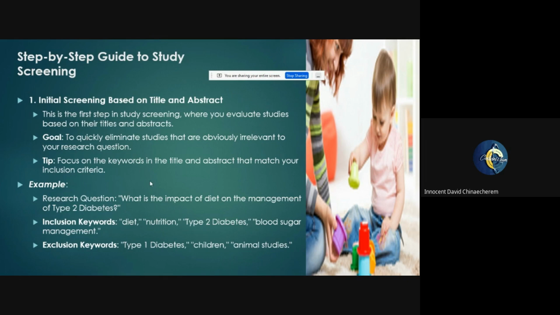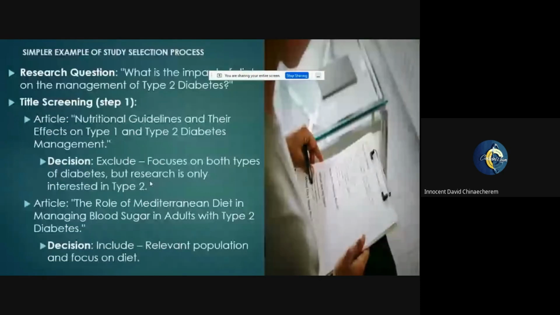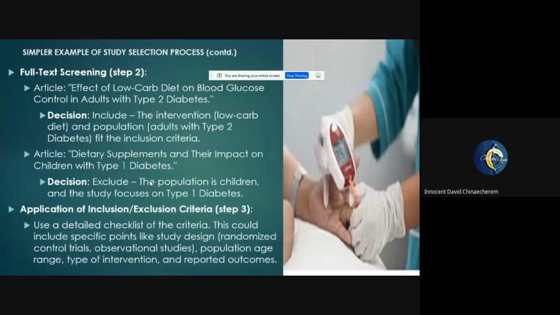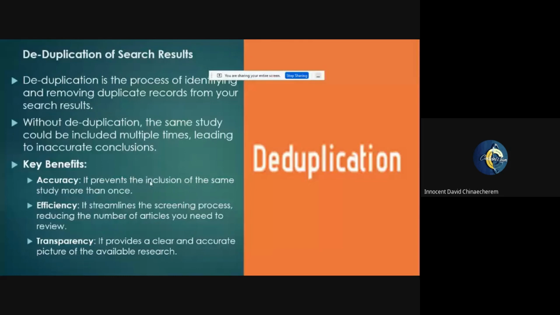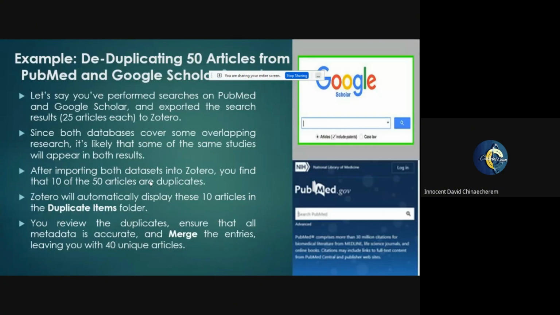And also, we had a look at some of the other domains of it, which is the application of the inclusion and exclusion criteria. We looked at the PRISMA flow diagram and also other examples for full text screening, before we talked about deduplication. Our practical example used Zotero and the Excel sheet to spot duplicates.